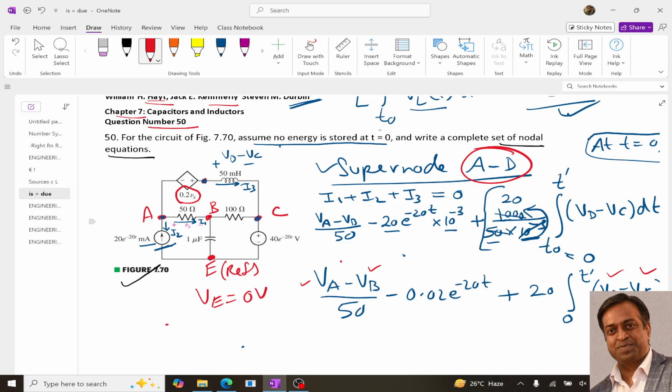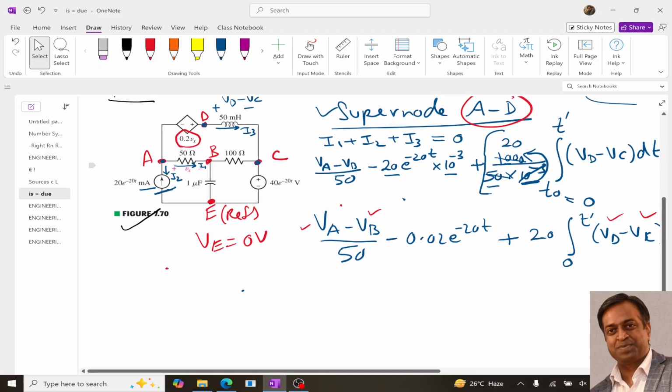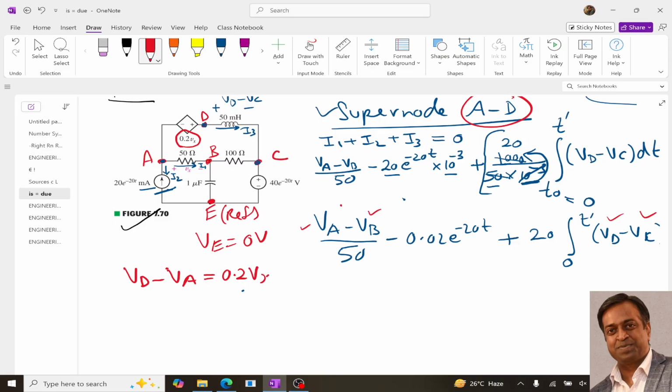So it means that since it is D, VD minus VA is equal to 0.2 Vx, right? Why do I take VD minus VA? Because the plus terminal is near to the D terminal.